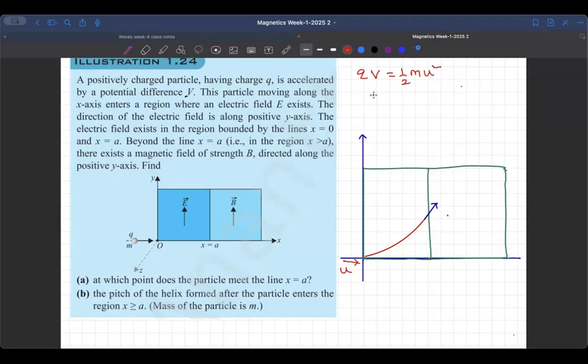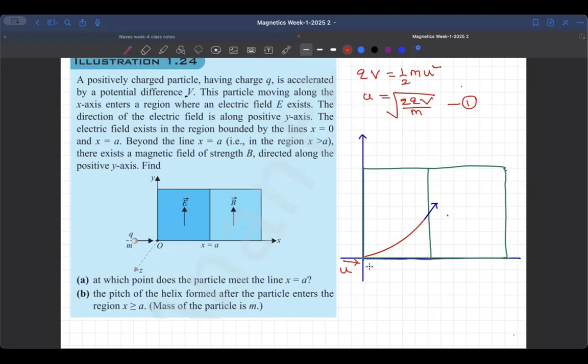So from this, I can say that I know u at least. Root 2 qV by m. First part is done.